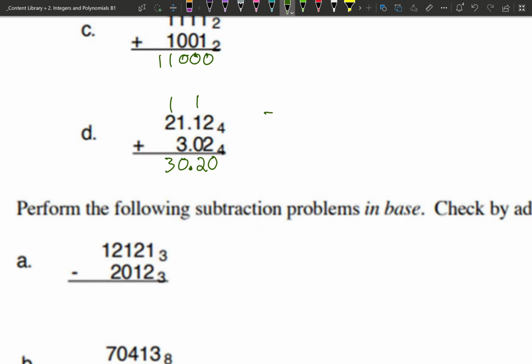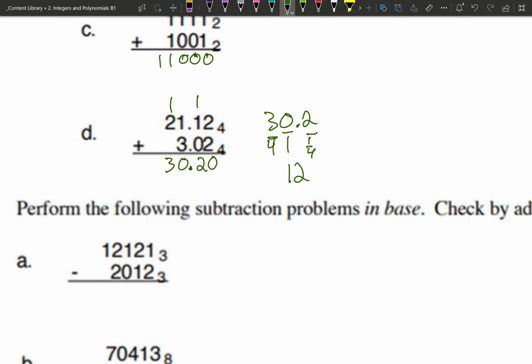Now this number, 30.2, we've got our ones place, our fours place, so our whole number value with this is 12, but the 2 is in the 1/4 place. Think about after the decimal point in base 10.